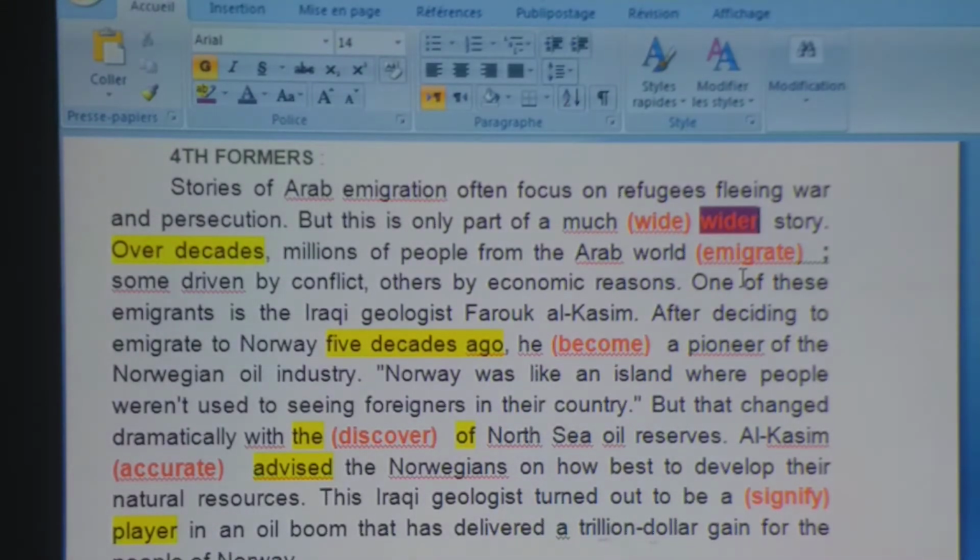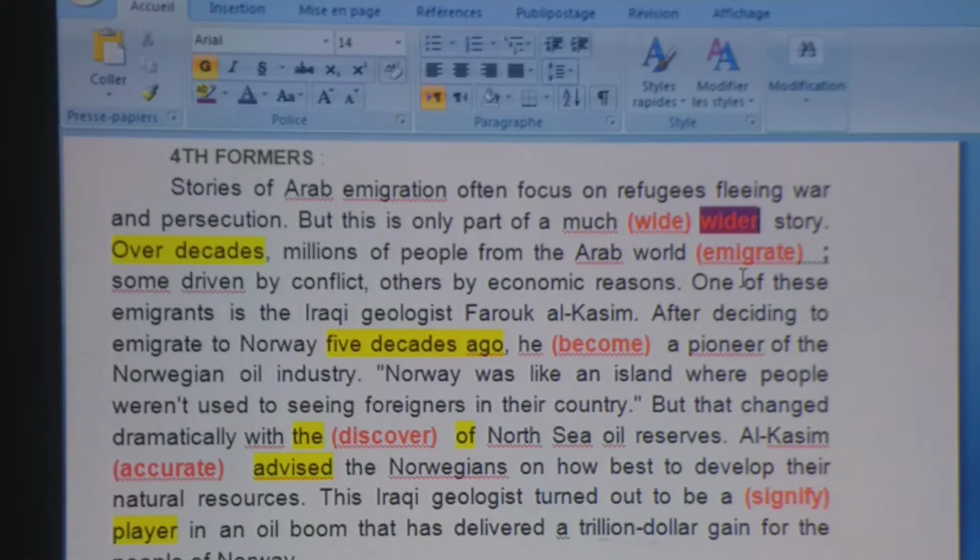So the word migrate is mainly used for animals, okay, like birds, for example, or other animals, which move for a period of time. In winter they move and then they come back to their countries, okay. Good.